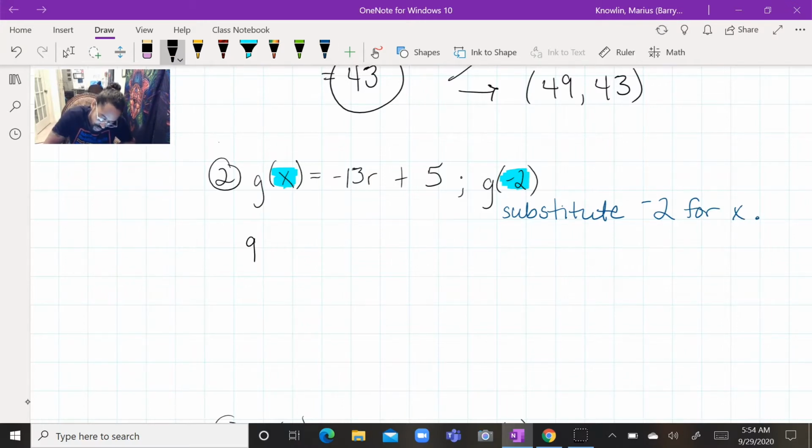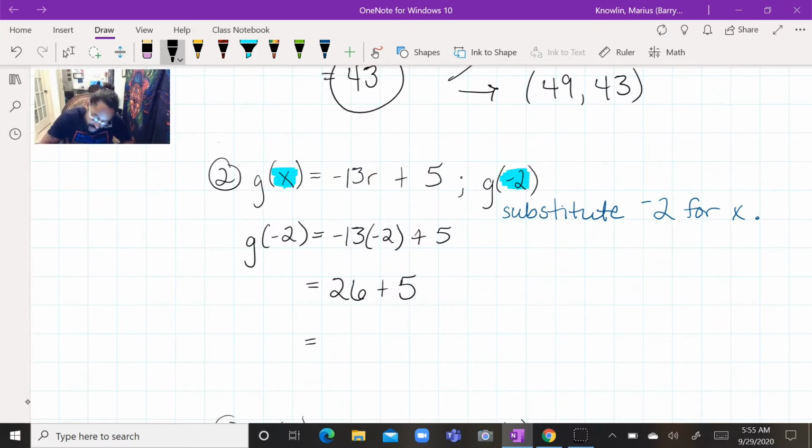So this would look like g of negative 2 equals negative 13 times negative 2 plus 5. Negative times a negative is a positive, so 13 times 2 is 26, and that's going to become 26 plus 5. And 26 plus 5 is 31.